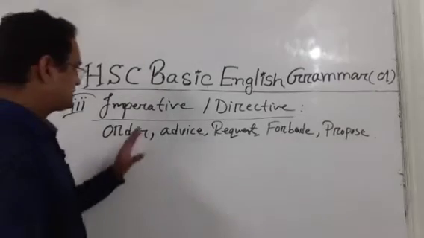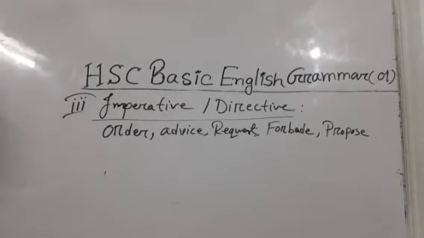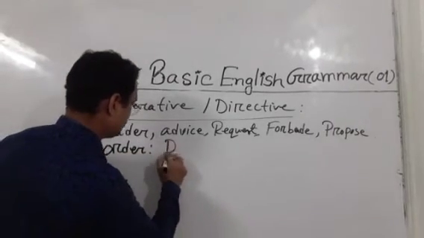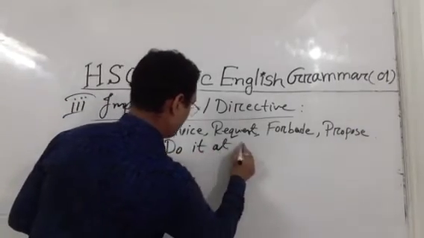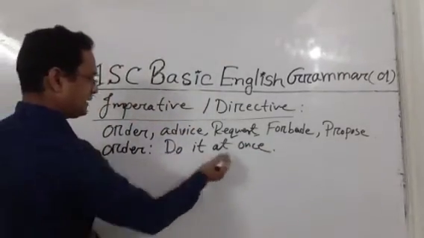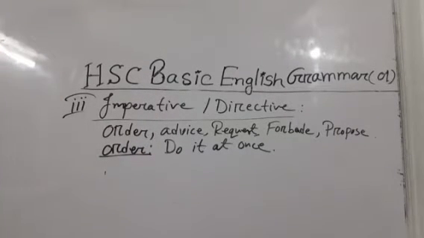I will clear this theme by writing examples. So let's go for example. Order. Suppose order: Do it at once. So it's an imperative sentence, and this sentence contains the meaning of an order. After order, let's go for advice.